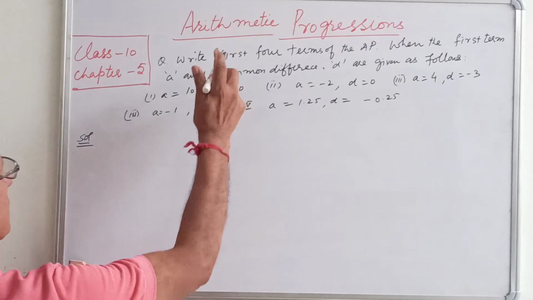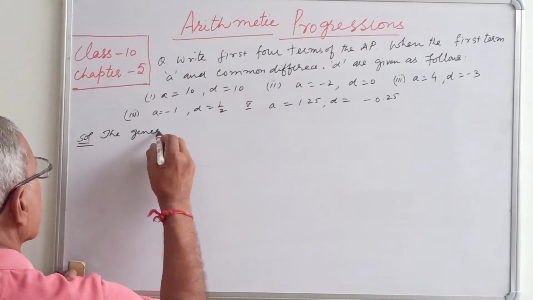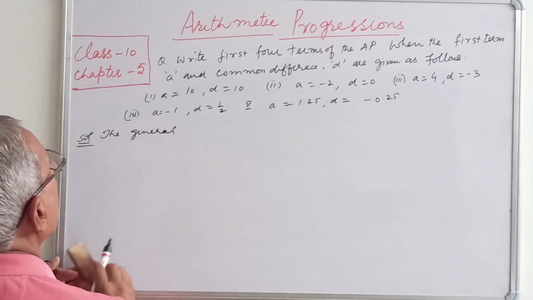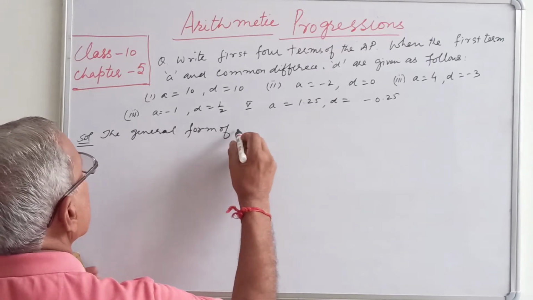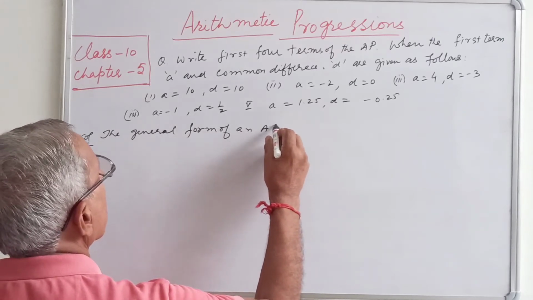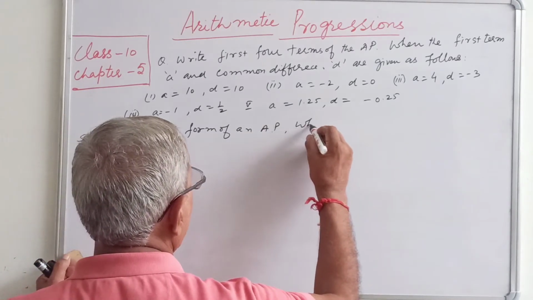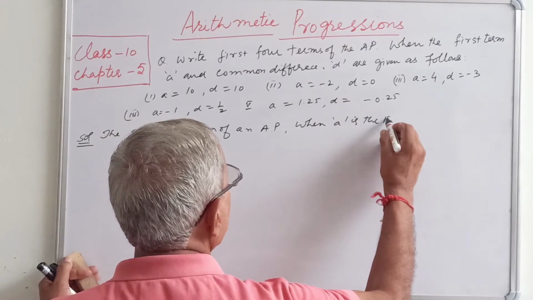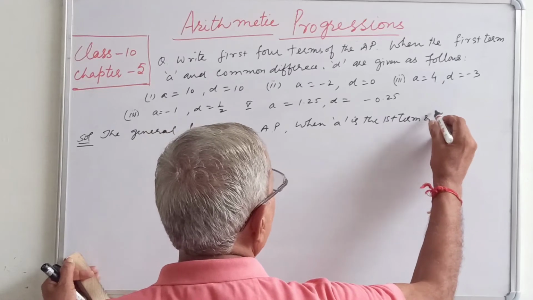So the general form of an AP when A is the first term and D is the common difference.